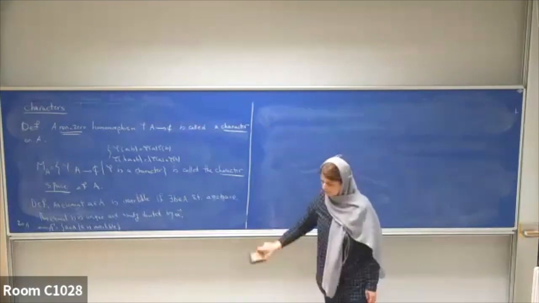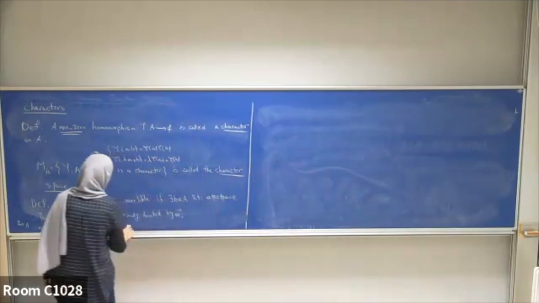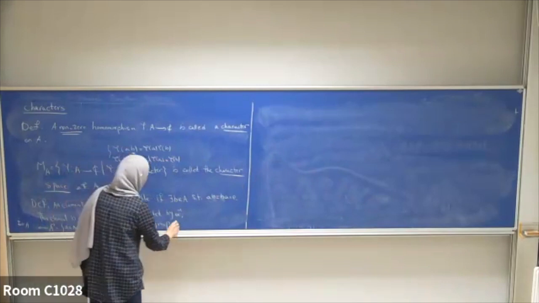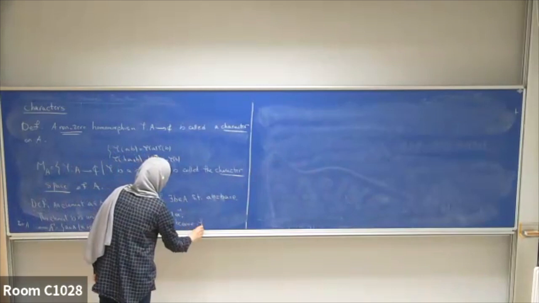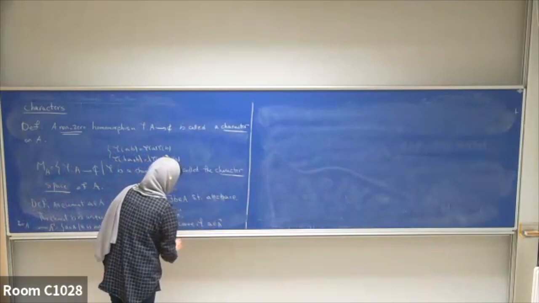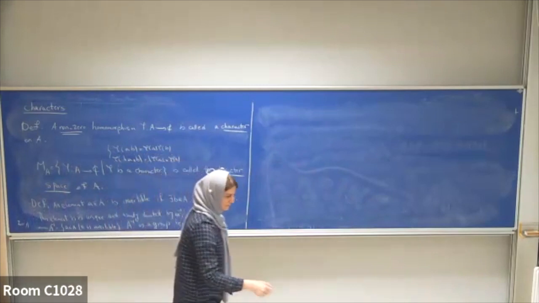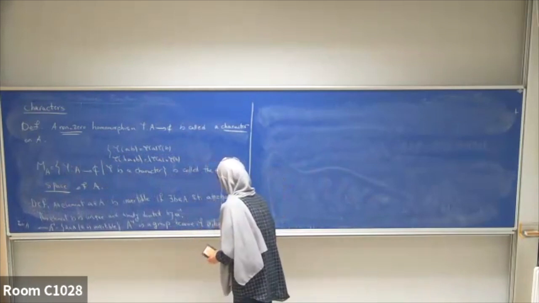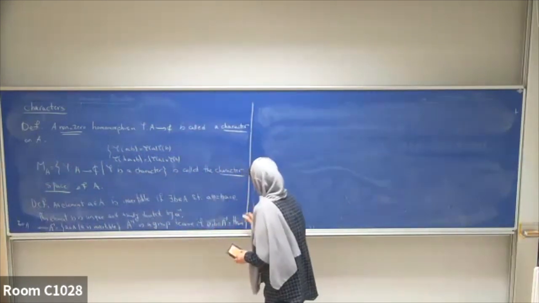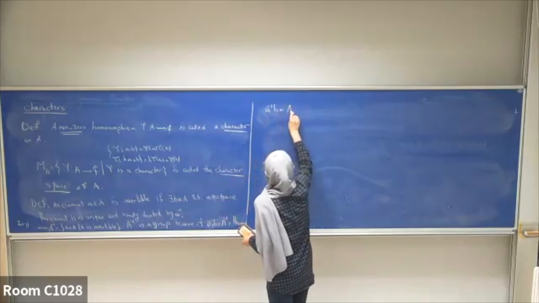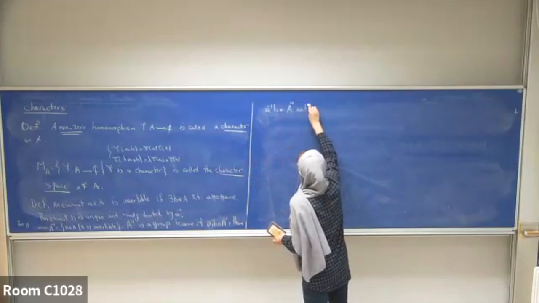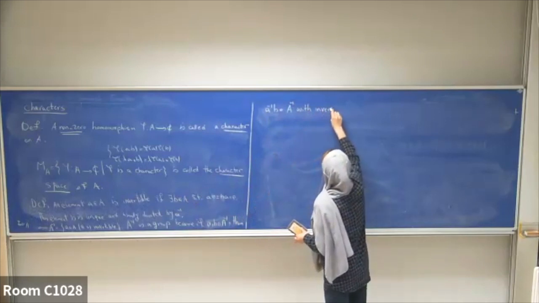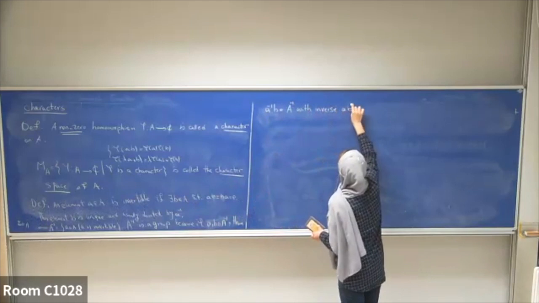It is a group because if A and B are invertible, then, for example, AB is invertible, and B is also called the inverse of A, A minus 1.